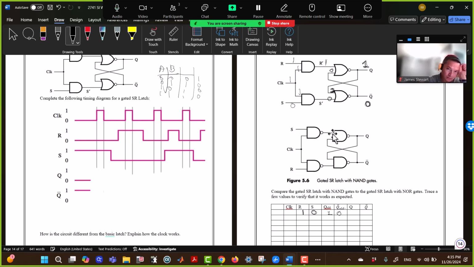Okay, so if I have a 1 and a 0, that means my output here is 0, so this then becomes 0. And if I have a 1 and a 0, then my output is also 0.